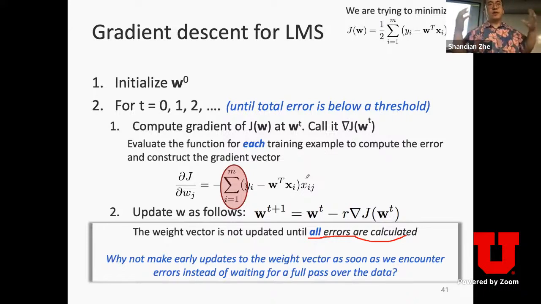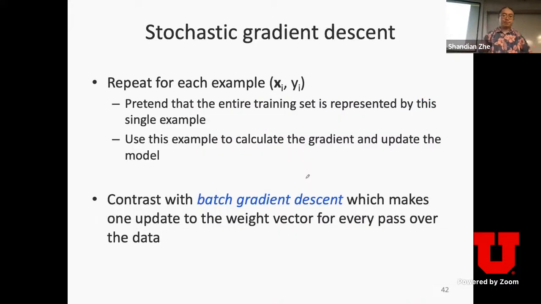Of course, this approximation is not accurate, but if you perform it many times, on average you're still close to the true gradient. The benefit is that I update my model tons more frequently than with standard gradient descent. So this is called stochastic gradient descent.